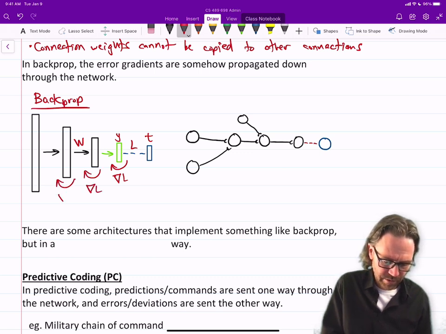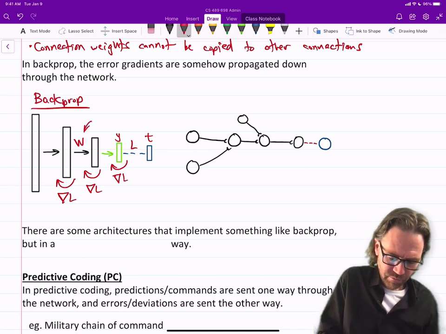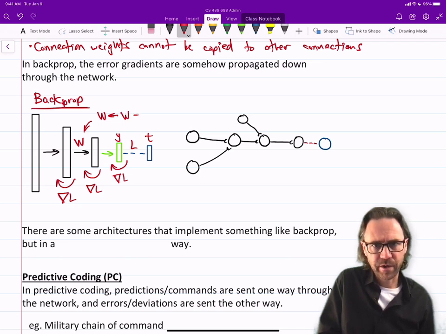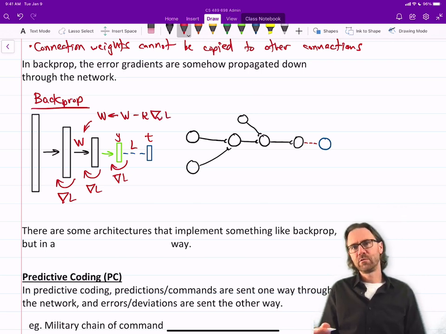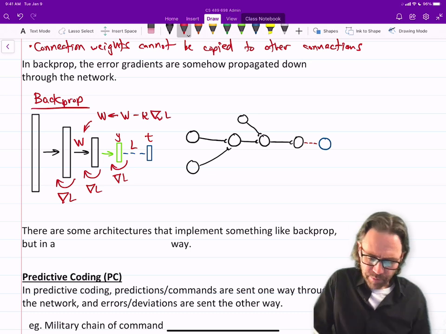Then we use those gradients to update our connection weights. For example, our weights become our old weights minus some learning rate times the gradient of our loss with respect to those weights. So that's backprop. Now, what about biology?